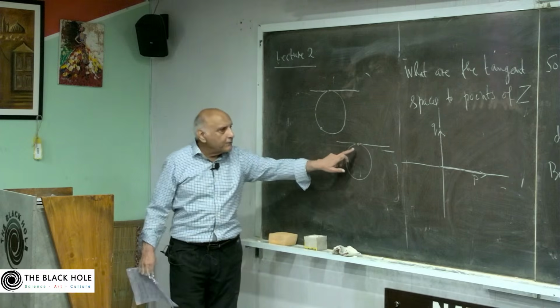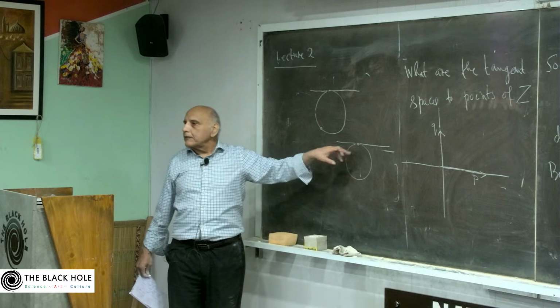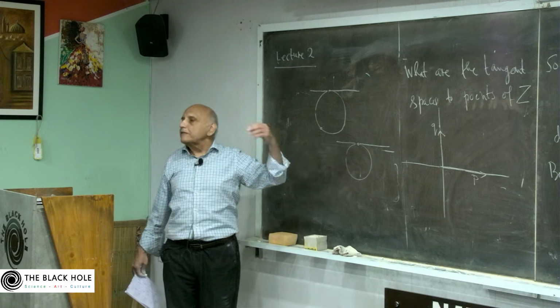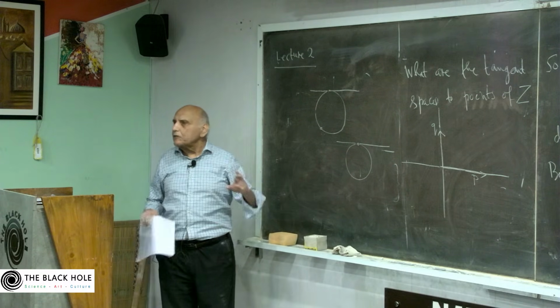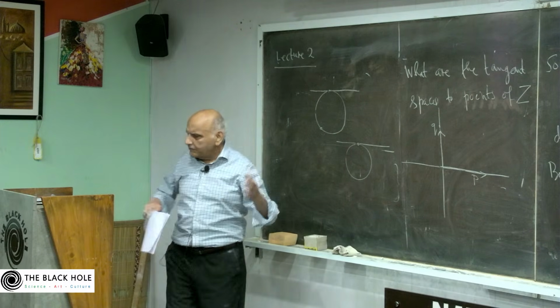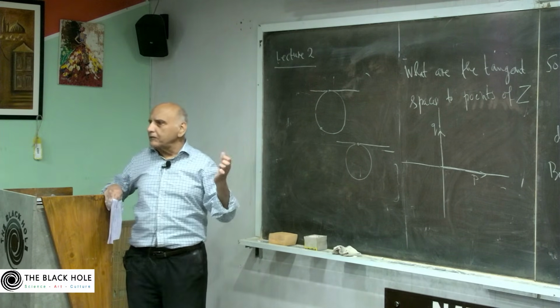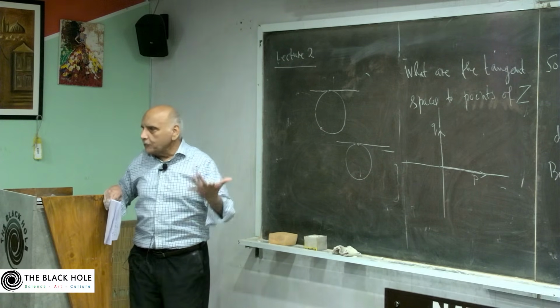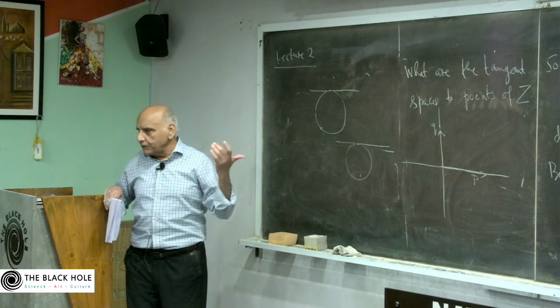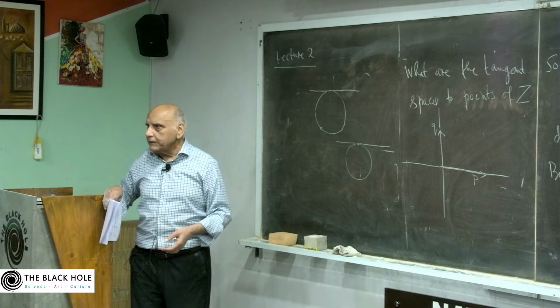So this point behaves differently from every other point, and we say it's a singular point. So the tangent space normally detects the singularities, but when you have multiple points, you have to give some topological kind of argument. This is what we call topology. Okay.